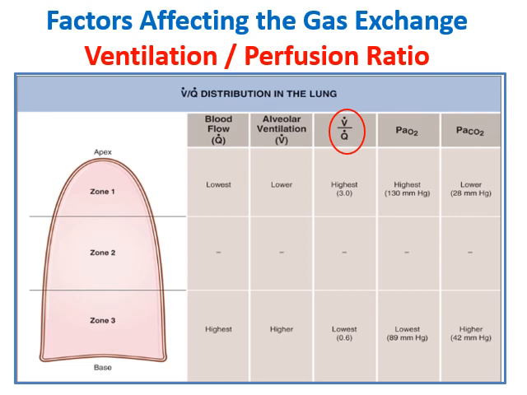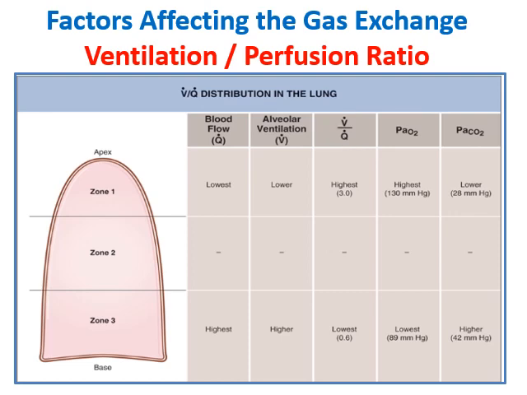If the ventilation-perfusion ratio changes due to any alteration in the alveolar ventilation or in the pulmonary blood flow or in both, then the gas exchange will be less than ideal, and the values for the partial pressure of oxygen and carbon dioxide in the arterial blood will change. The value of 0.8 for the ventilation-perfusion ratio is an average for the entire lung.